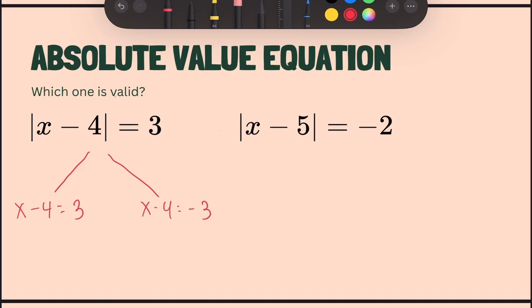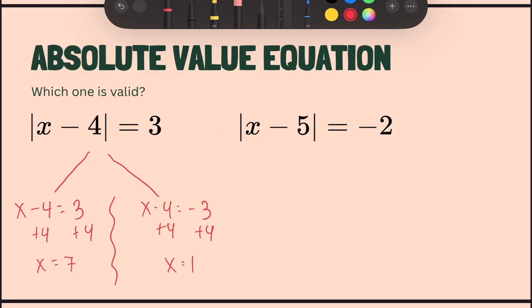Now we solve using inverse operations. Here, this is -4, so we add 4 on both sides, and we get x equals 7. And here, I'm going to add 4 as well on both sides, and I get that x equals 1.